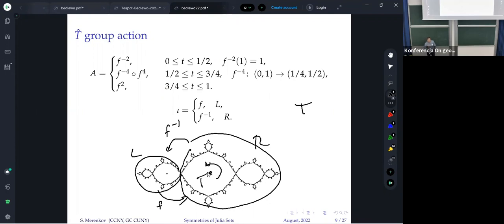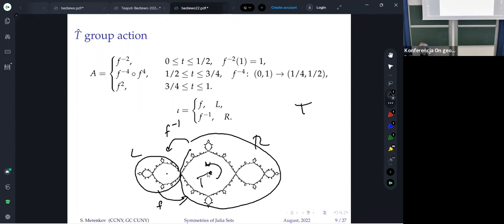And in fact, once you convince yourself of that, you can also see that if you have any finite subtree, so you take finitely many bounded Fatou components that are connected into a tree, and you have any other such tree with the same combinatorics, you can map one of them into another by applying those elements of T and the inversion.